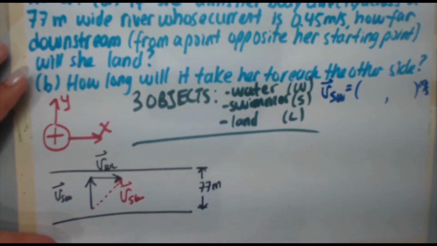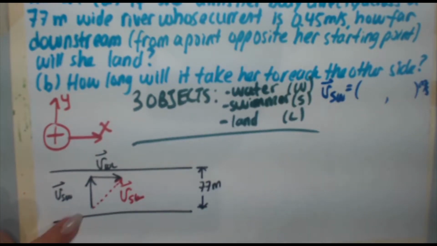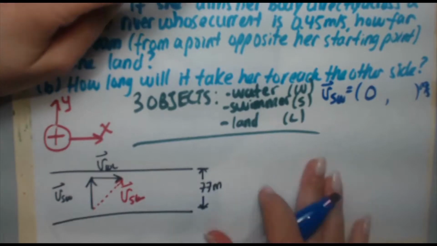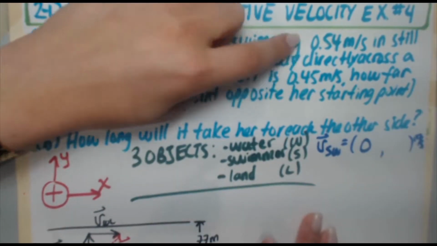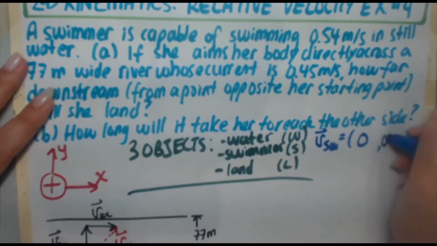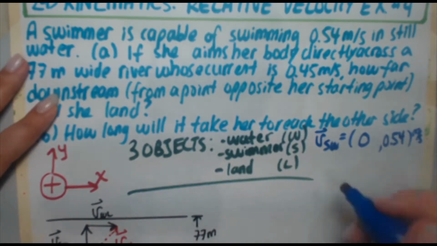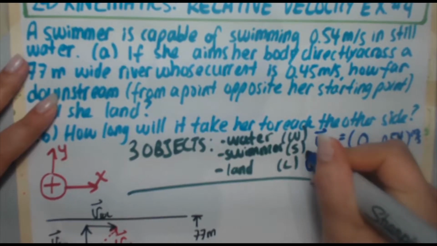Okay, so now that we've got those three things established, take a look at this. The swimmer relative to the water, she's moving purely in the y direction. So the x component of her velocity is 0. And since she's swimming at 0.54 meters per second, that is going to be the y component. So 0.54 goes right there. Okay, next, the velocity of the water relative to the land.